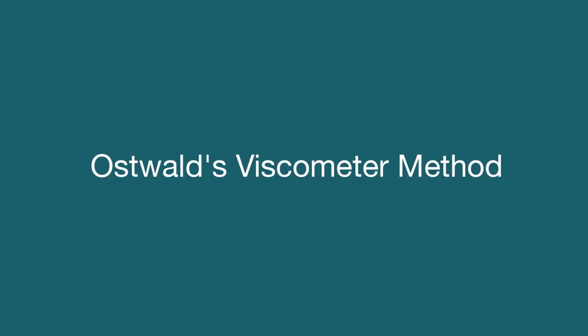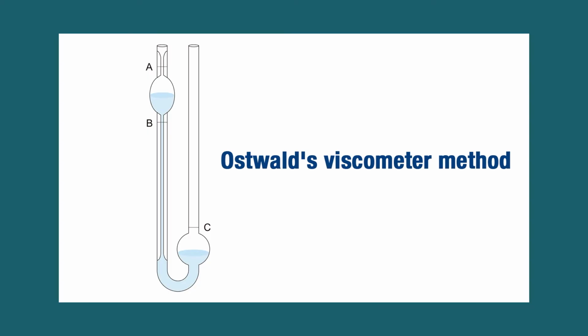Then coming to Ostwald's viscometer method. The important part of this method is Ostwald's viscometer, which is a U-tube with a bulb on either arm.